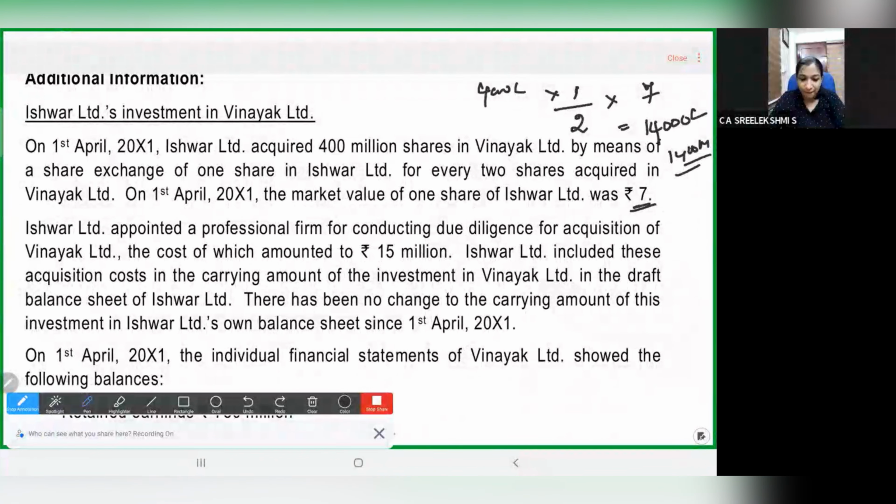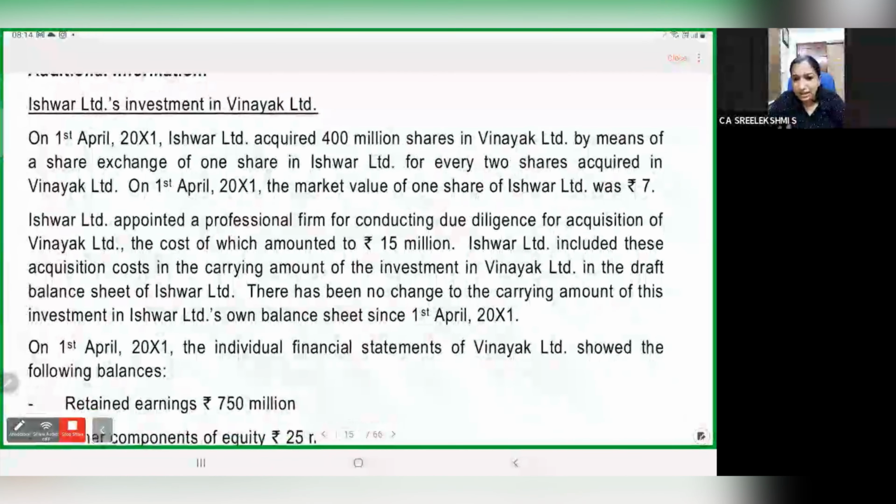So how much is the PC coming to? 2,000 into 7, that is 14,000 lakhs or 1,400 million. This is the purchase consideration. Let's see if there is any additional PC, like deferred or contingent consideration. For the time being, they are giving it in the form of equity shares.